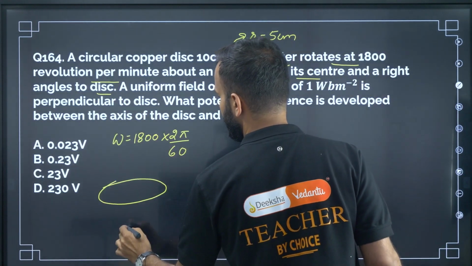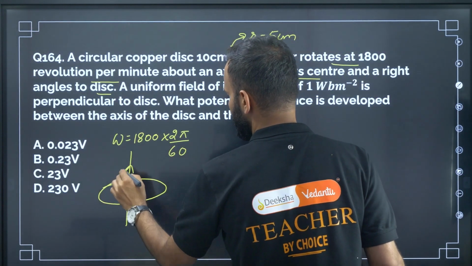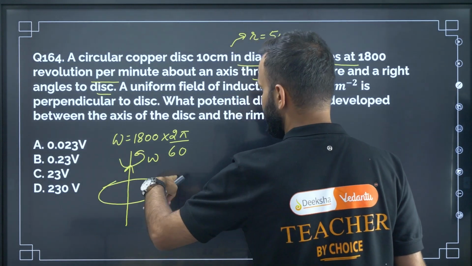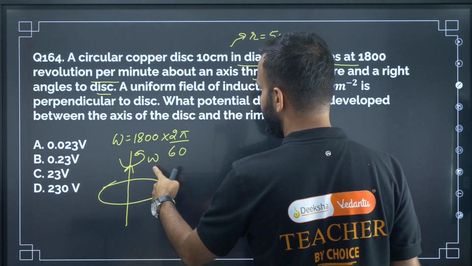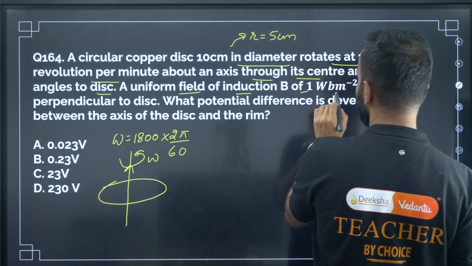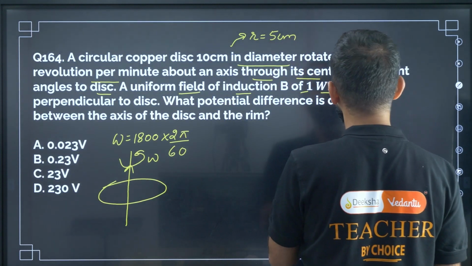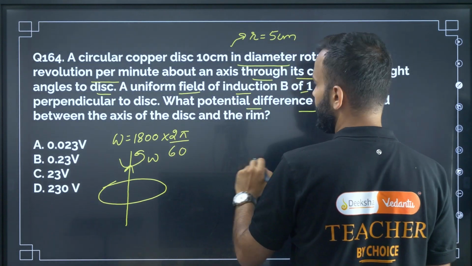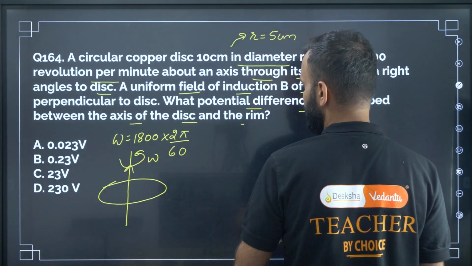Here this is the disc. A uniform magnetic field of induction B equal to 1 Weber per meter square is perpendicular to the disc. What potential difference is developed between the axis of the disc and the rim?